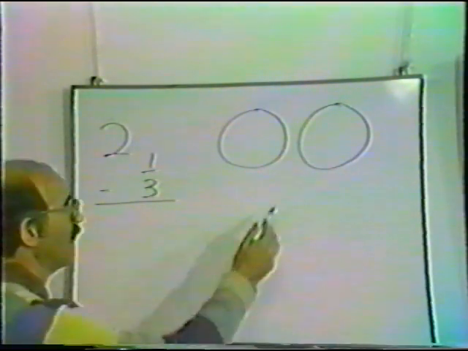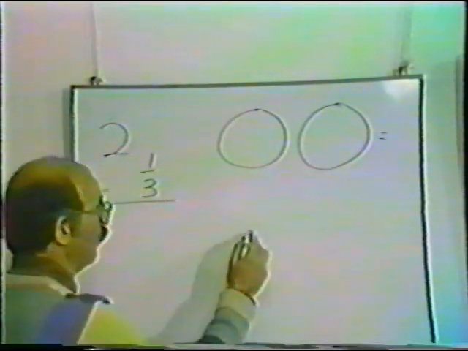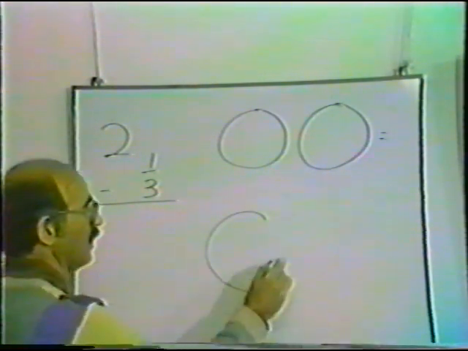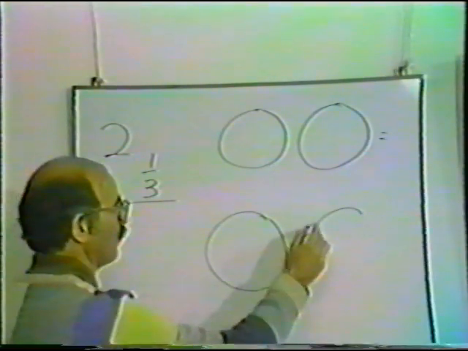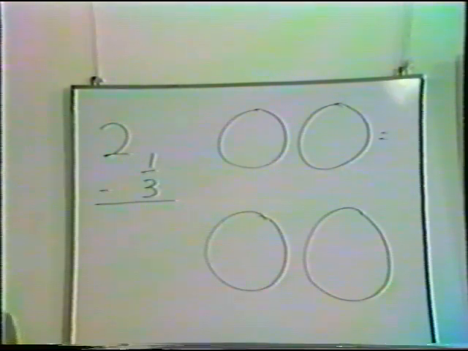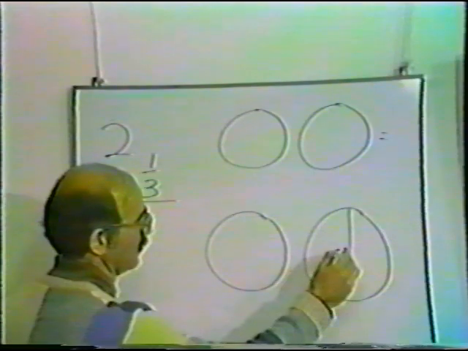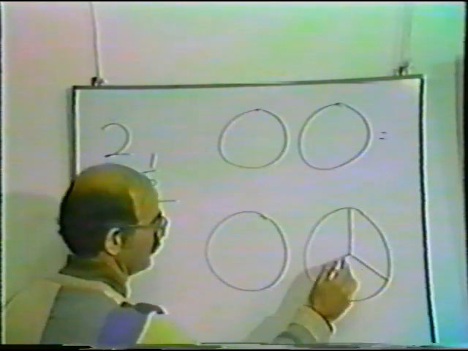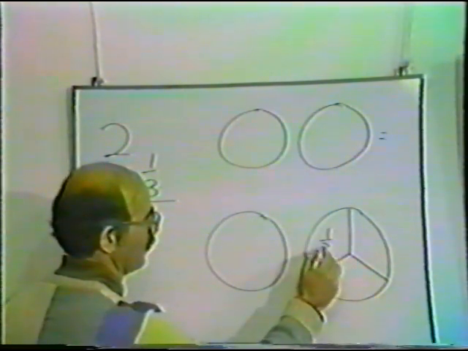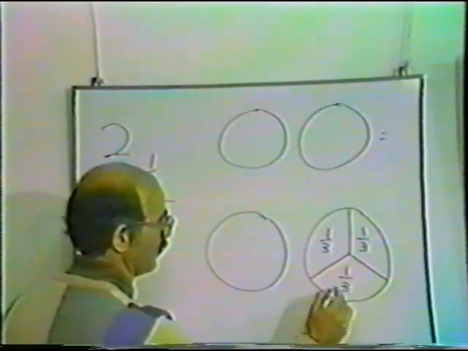We're going to cut up one of these pies, all right? One of them we will not cut up, but the other one we will take a knife and cut it into what kind of pieces? Thirds. 1/3, 1/3, and 1/3.